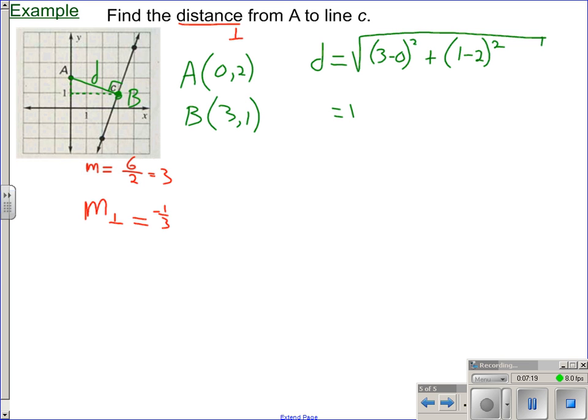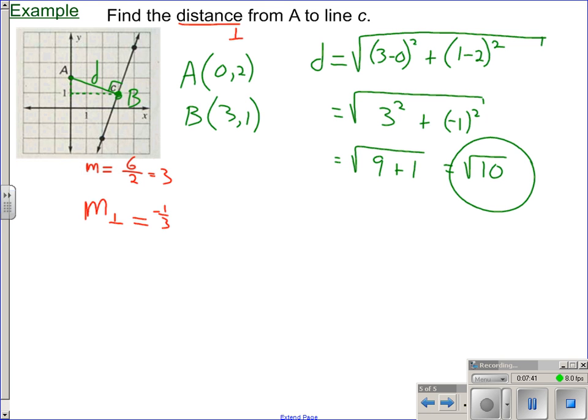Order of operations says do the inside first. 3 minus 0 is 3, and we're still squaring that. 1 minus 2 is negative 1, and we're squaring that. 3 squared is 9, negative 1 squared is 1. We add those up and get the square root of 10.